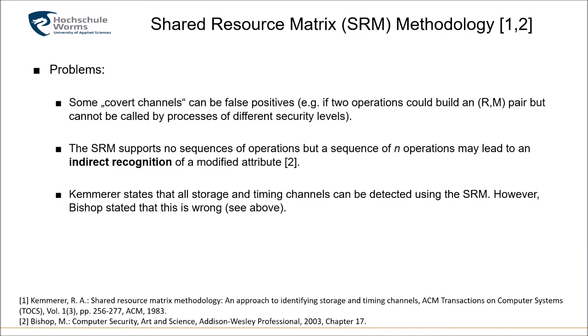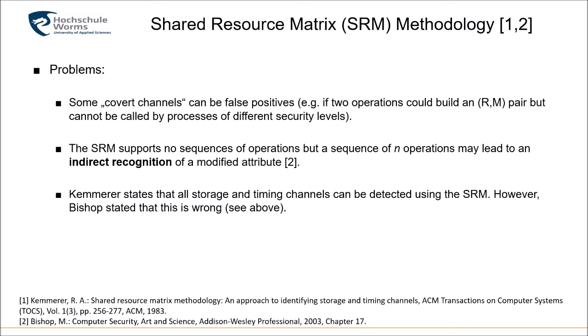There are some problems. Some covert channels can be false positives. For instance, if two operations could build such a link where one operation modifies and the other reads the attribute, but if these operations cannot be called by two different processes using different security levels, or in general in a way that the security policy is not violated, then it's simply no covert channel.